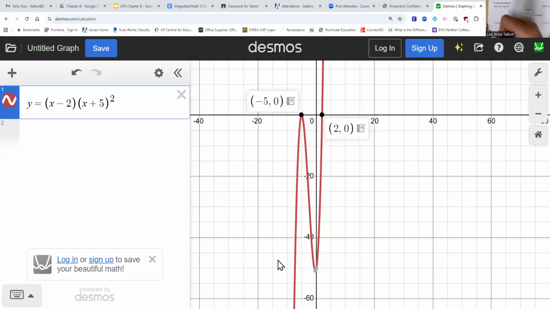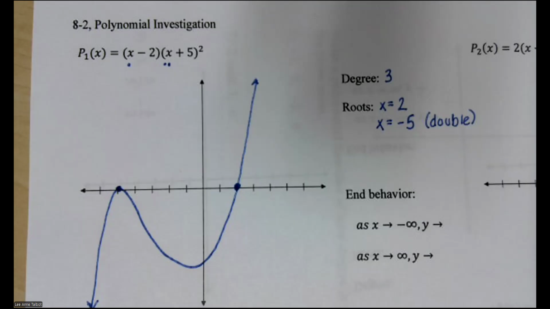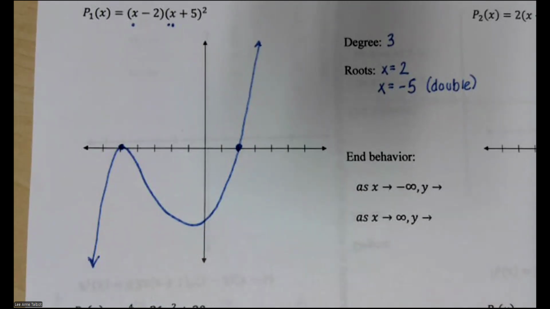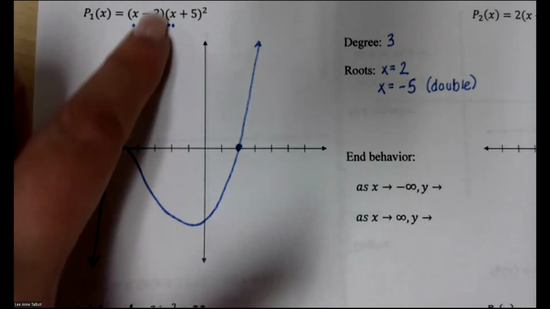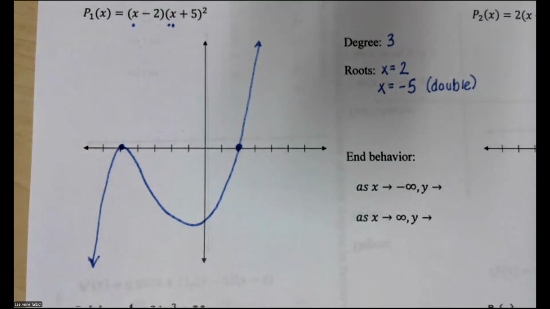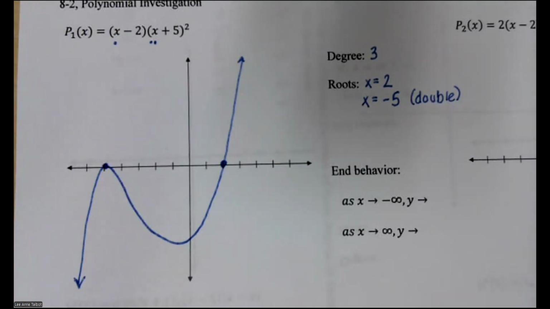Then I go back to the picture and do my best to sketch this in. It's coming from the bottom, then it goes down and comes back up through 2. Again, I don't care about how deep this goes. Notice there are no marks on the y-axis and I don't want you to put any there. This is just a sketch.